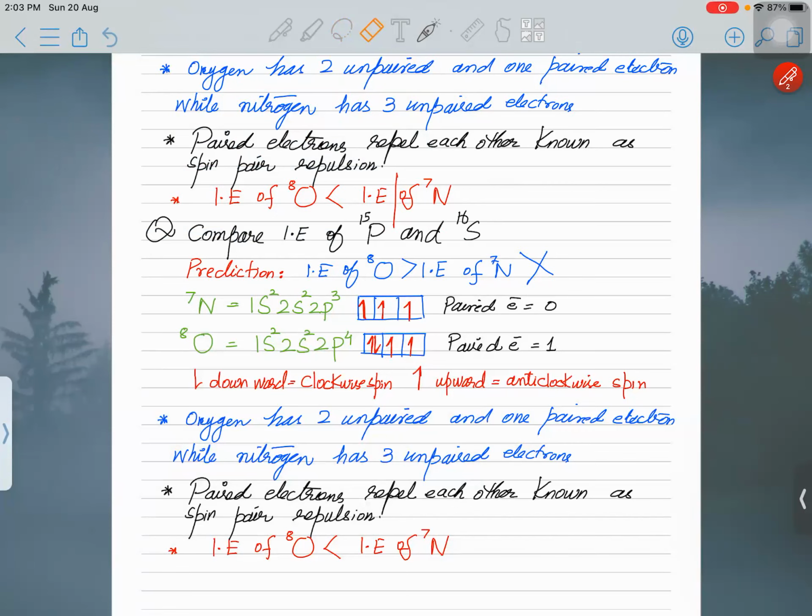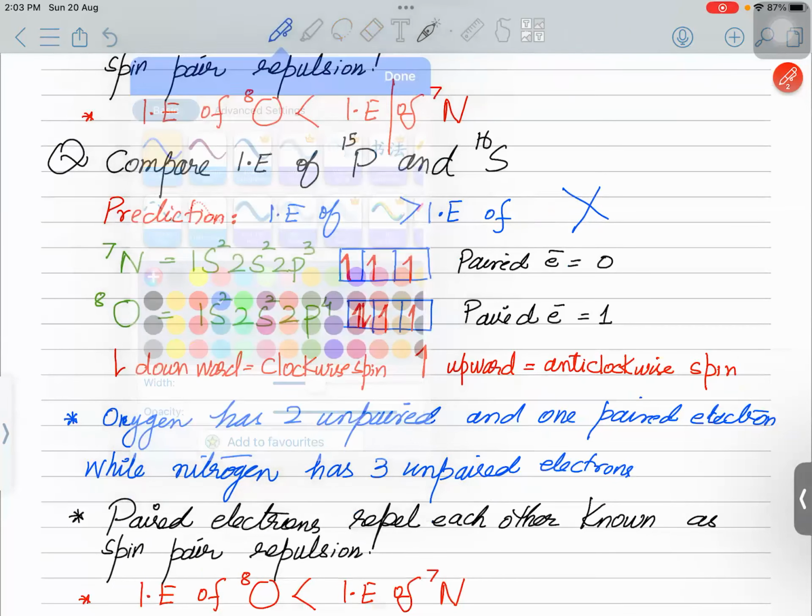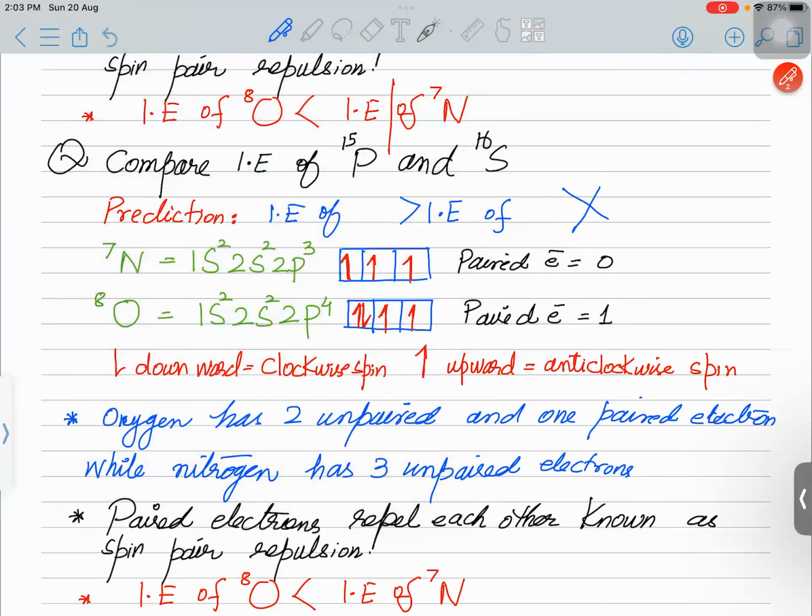Now I need a prediction. Which one has more? They have the same period, the same shell. Sulfur. Ionization energy of sulfur should be greater because of the higher proton number.